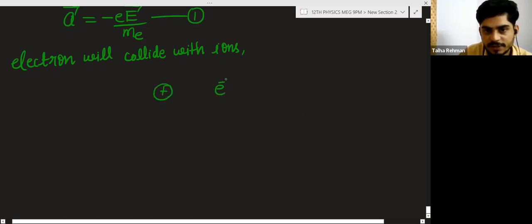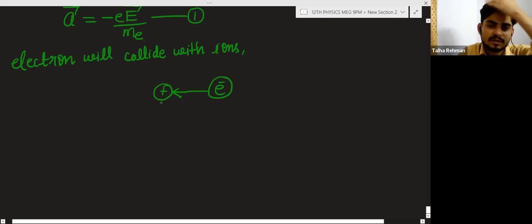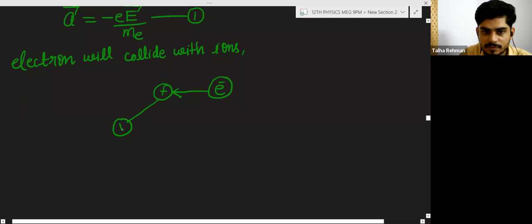Suppose the electron is here initially, and this electron is moving in this direction. It collides with this ion, and after the collision there will be another ion, and after that the electron will collide with another ion.